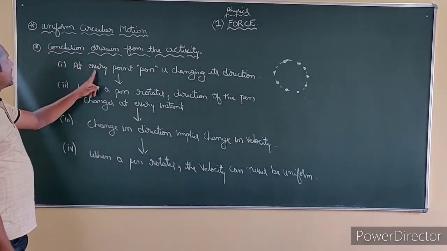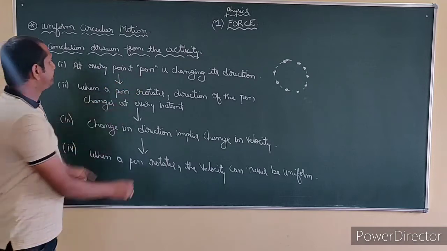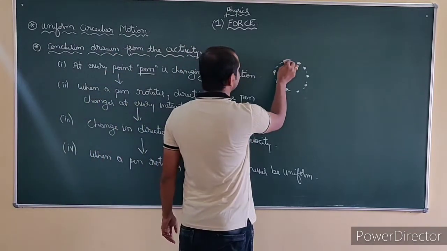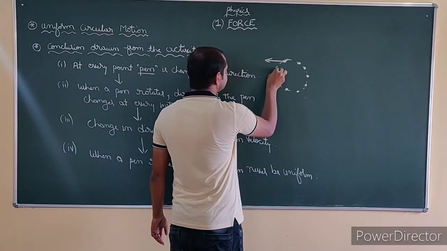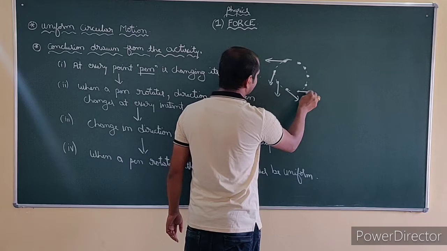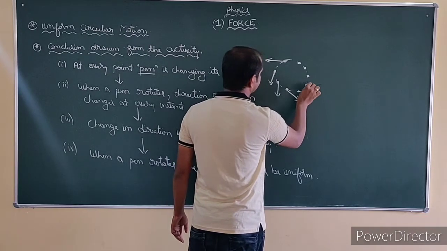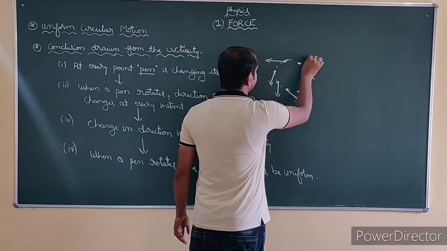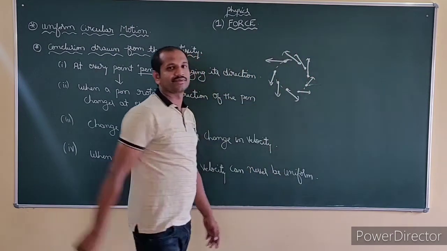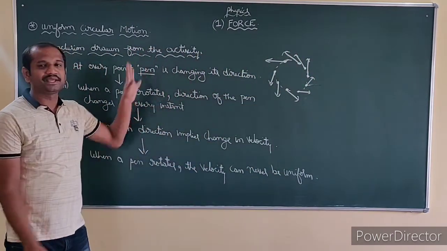At every point, the pen is changing its direction. So when it was here, it will be this. When it is here, like this. So this is how the pen will keep on moving.